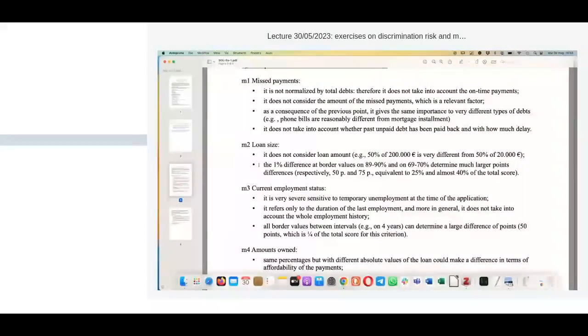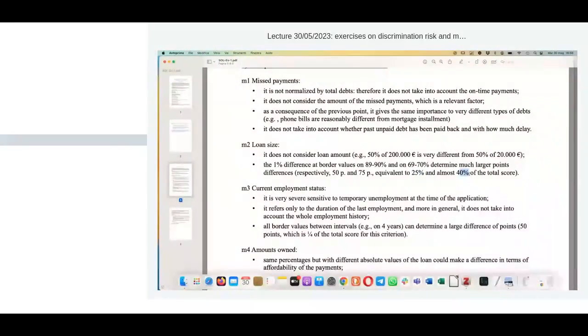Then we have a problem on the borders, because of the way it is built, especially between 19 and 69 and 70. In those borders, you can jump by about 25% of the total score and 40% of the total score, with only a difference of 1%.